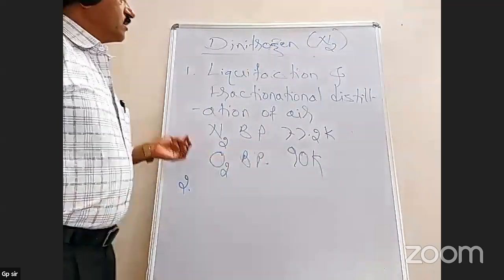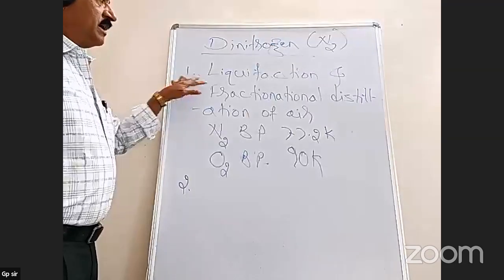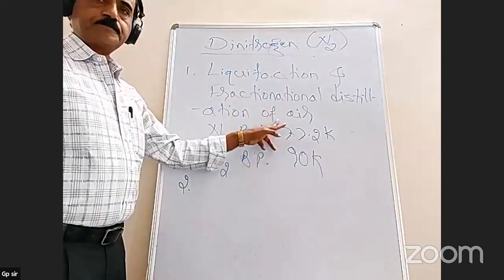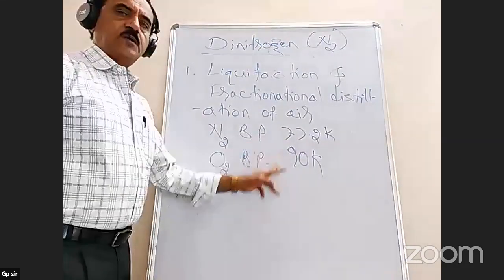Okay, so firstly, dinitrogen can be prepared by liquefaction and fractional distillation of air. Nitrogen and oxygen possess different boiling points.